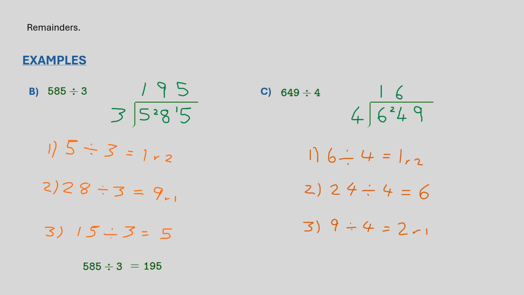So here it turns out that the final division in fact has a remainder, but we have no numbers left in the dividend to divide by. So what happens is the remainder is simply written along with the final answer. So the final answer is 162 with a remainder of 1.